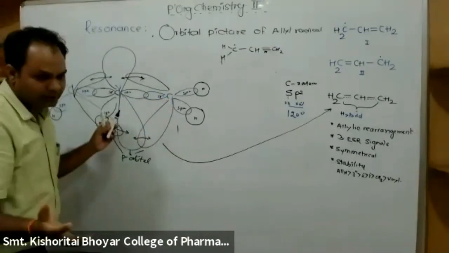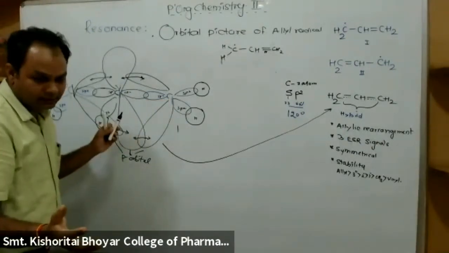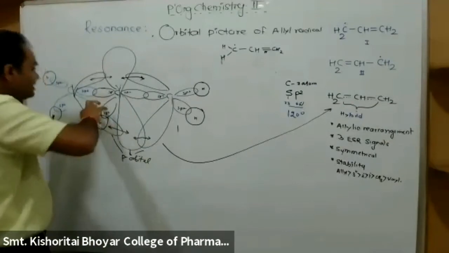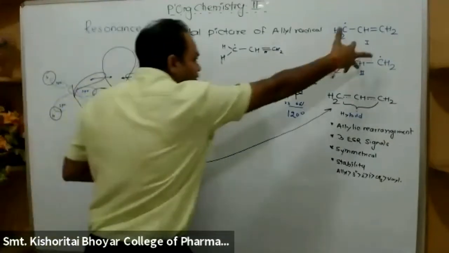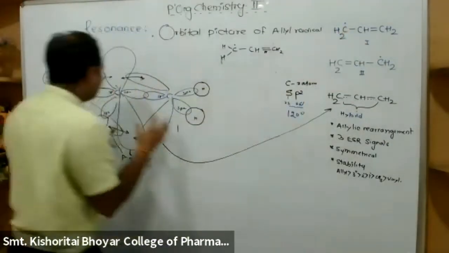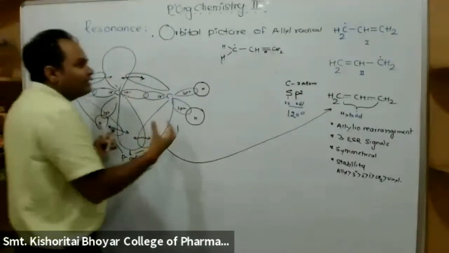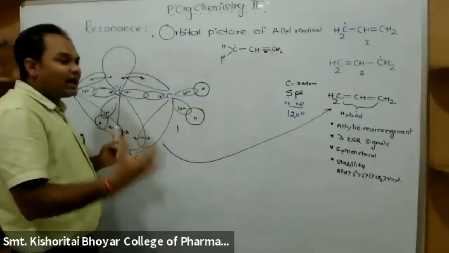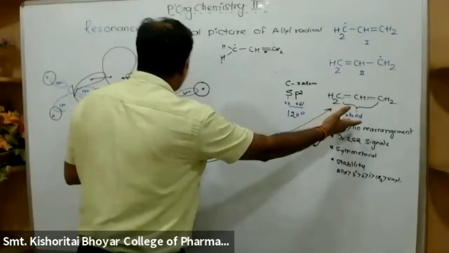There are two possibilities. Clear? So in this way you will get two different resonating structures, but we represent the actual structure of the allyl radical as a hybrid one.